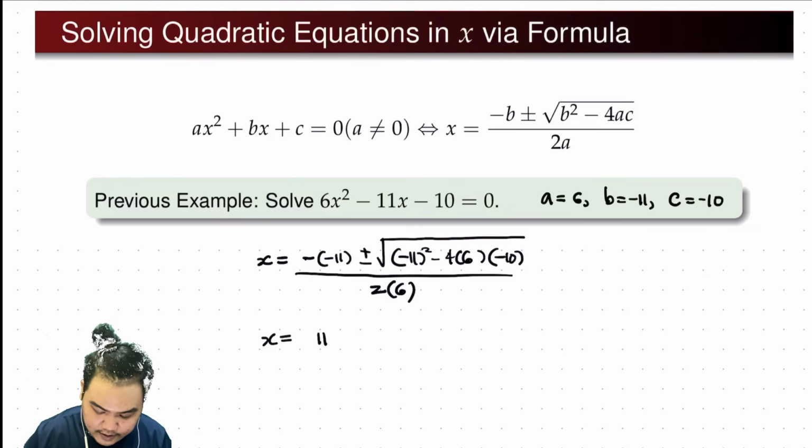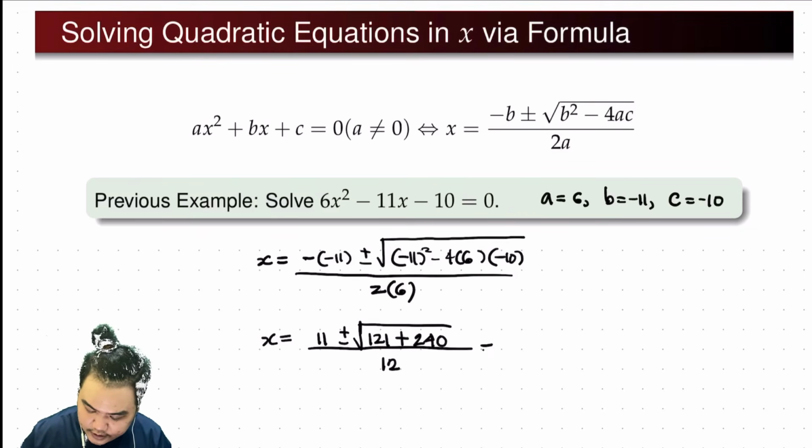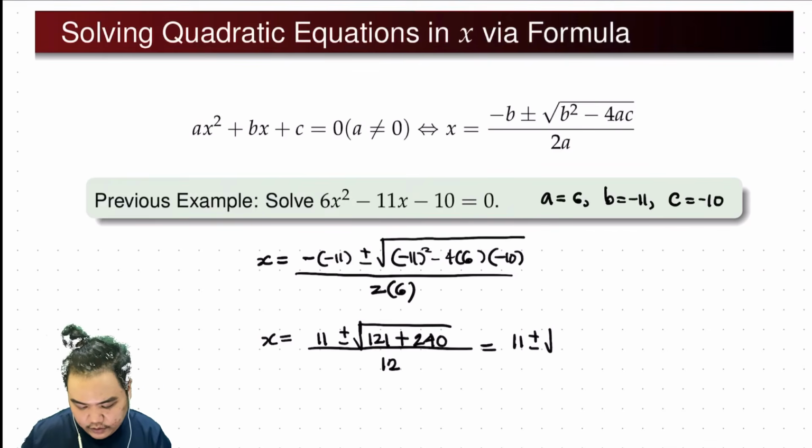So, 11 plus minus square root of 121 plus, ilan ba 'to? 240, all over 12, which is 11 plus minus square root of, ilan ito? 361.